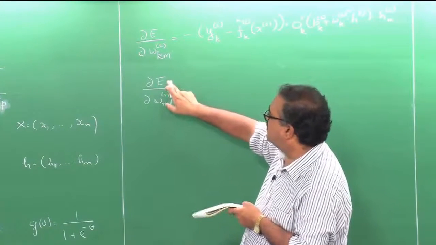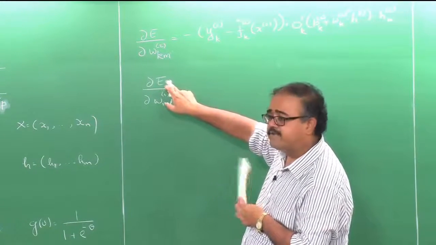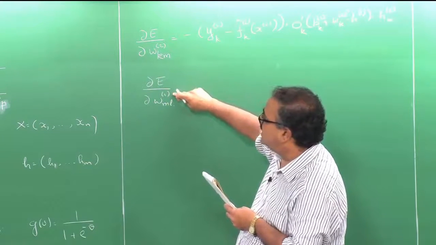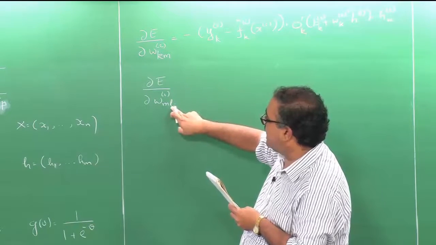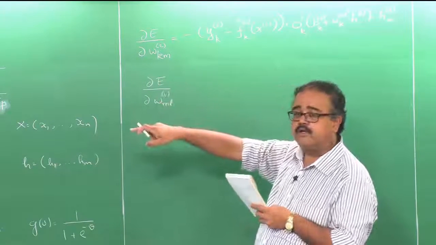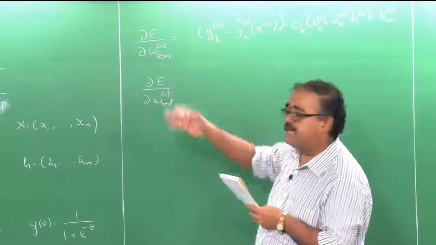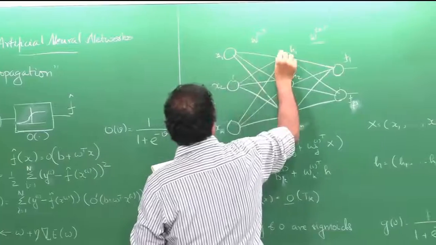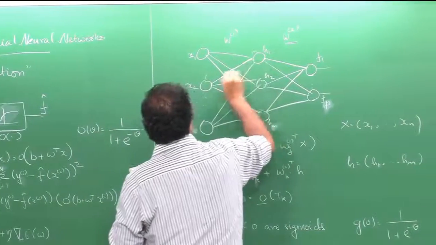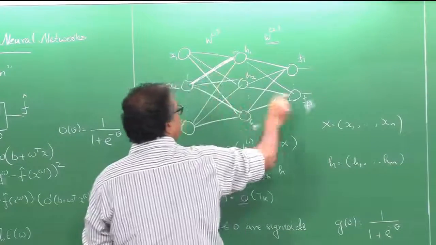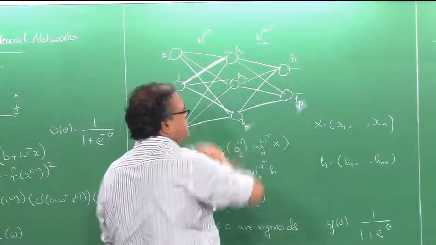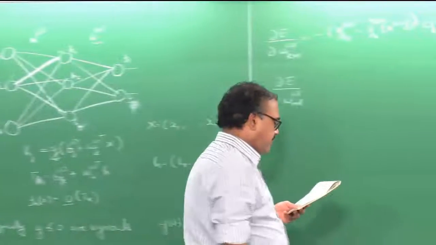I would like to find the derivative of the error with respect to the first layer weight that runs from the lth input neuron to the mth hidden neuron. So, we are just looking at this one weight here. We are trying to find out what is the gradient of the error at the output with respect to that one weight.